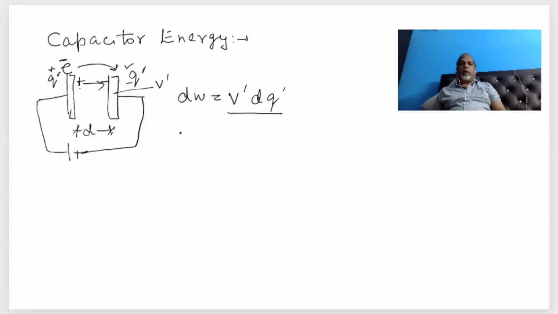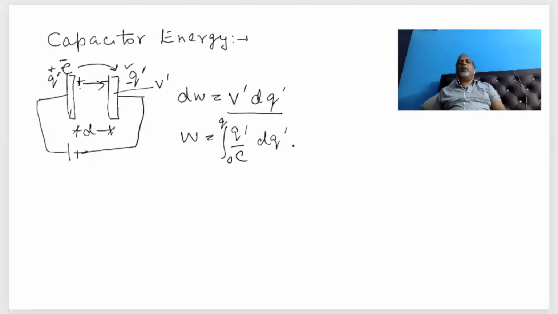So we can find the total work like this if we take the integral. V dash we can write as q dash upon C. This is dq dash, and of course the integral is from 0 to Q.